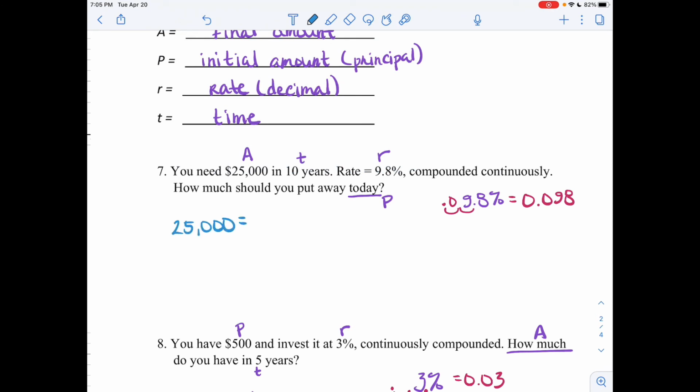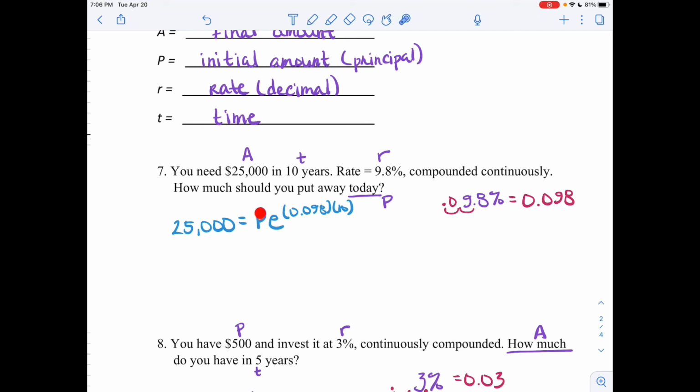I don't know P. And then E is my constant. Raise that to the 0.098 times 10 years power. So I need to solve for P. Remember, we already know what E is. That's not a variable, even though it is a letter. I want to solve for P.